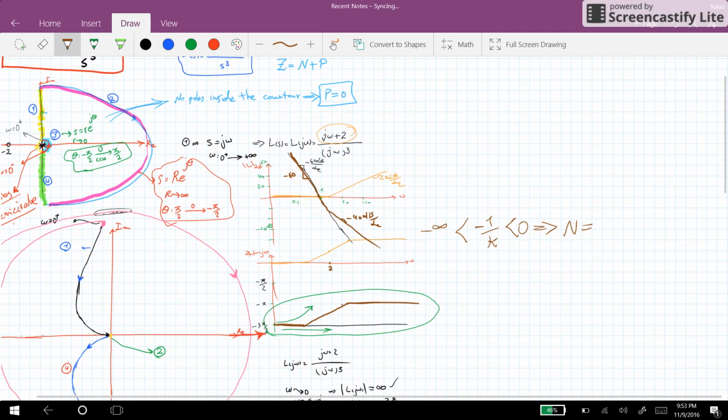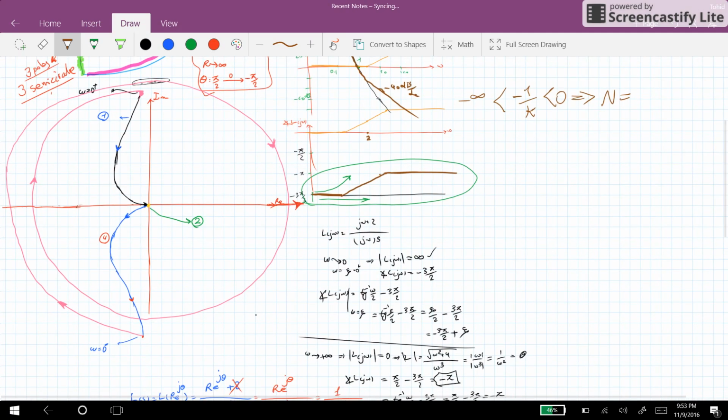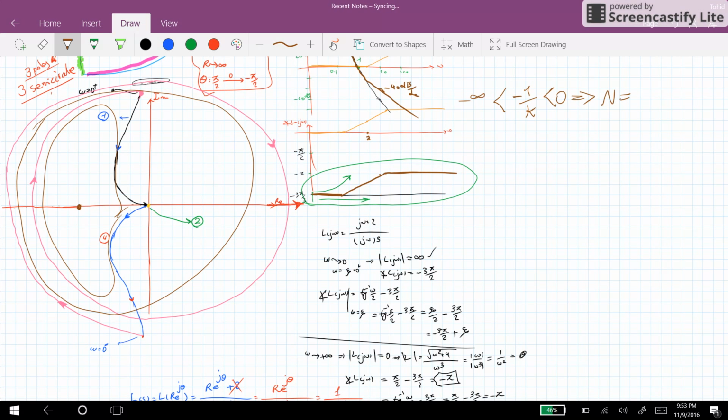If you pick a point, let's say here, we see that there is one clockwise encirclement here, and one clockwise encirclement here. So we can say that n is equal to 2 for that region.